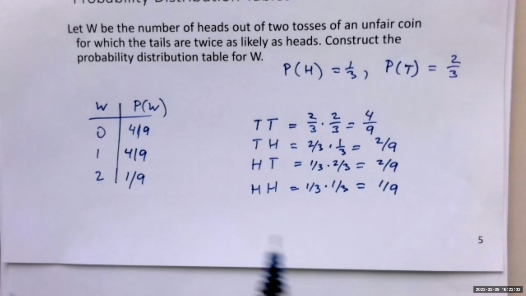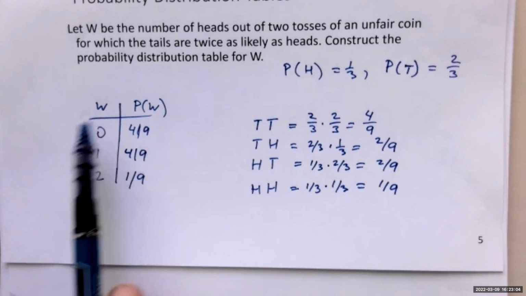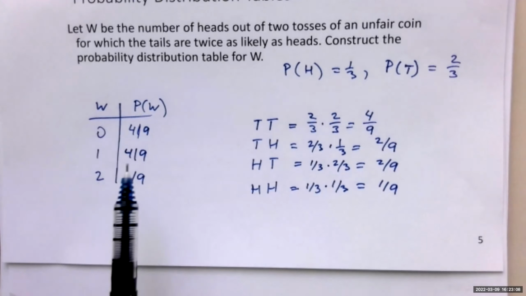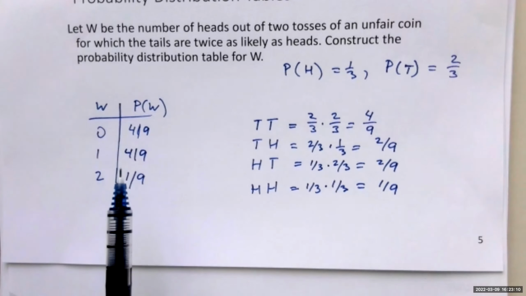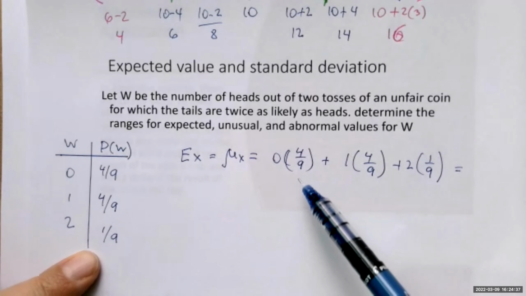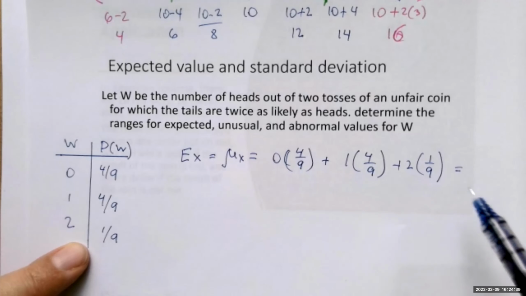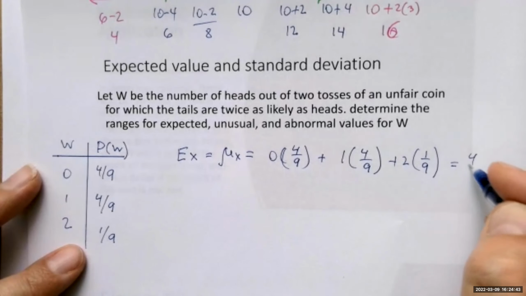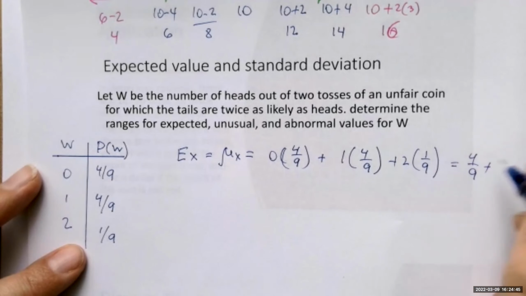Let's just recall that we already figured out the probability table for this situation earlier. We need to figure out the mean and the standard deviation for this probability table. So this is what I got for the expected value. That's going to be 4/9 and 2/9.